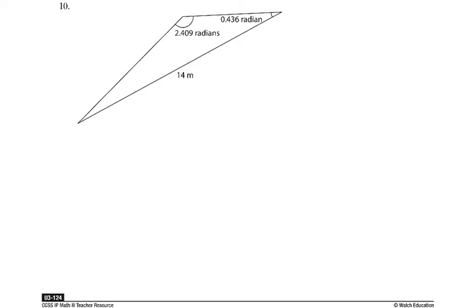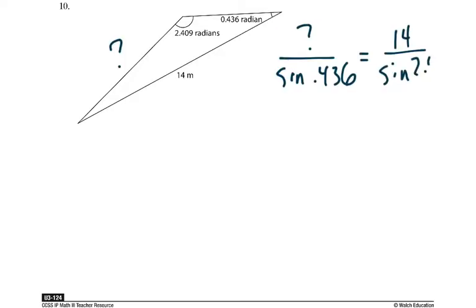So I need to find this side first. So I would get question mark over the sine of 0.436 equals 14 over the sine of 2.409.